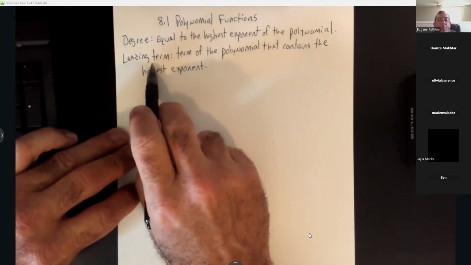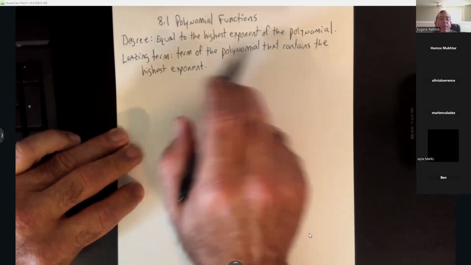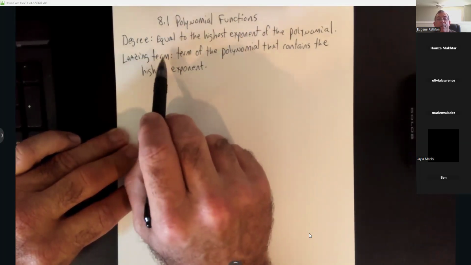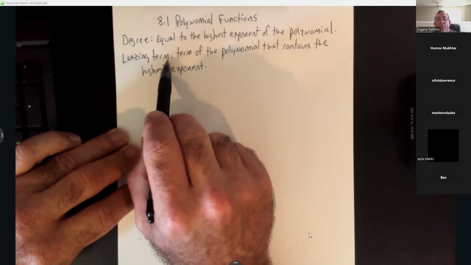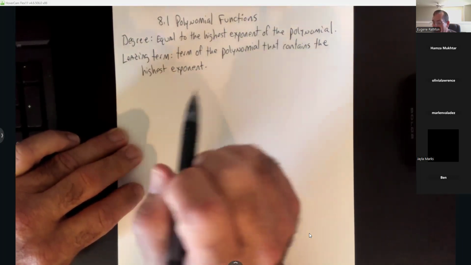So the leading term contains the highest exponent, which means the degree is found by using the exponent of the leading term, okay?